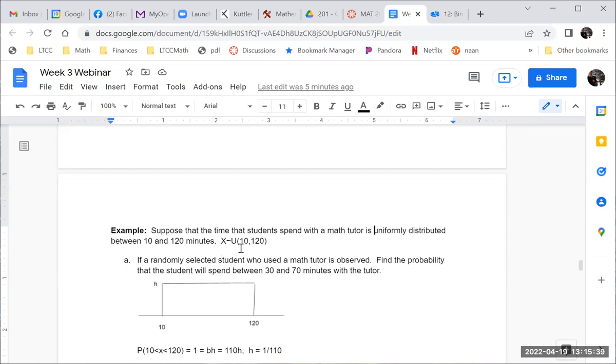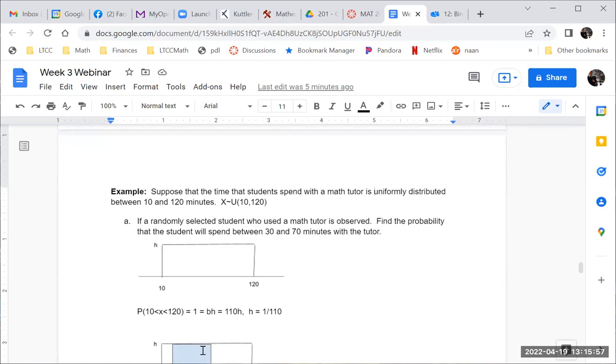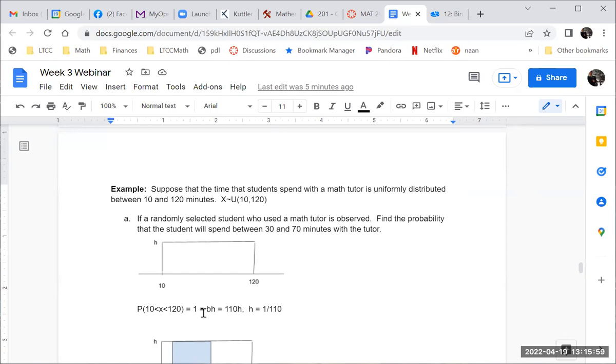There's a 100% chance that if you randomly pick a student, they're going to spend between 10 and 120 minutes with the tutor, because that's what this says. Probability is the area. So I can say that the probability that X is between 10 and 120 is 1. Any questions on that? But 1 is the area, which is the base times the height, because it's a rectangle.